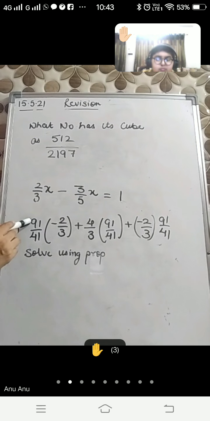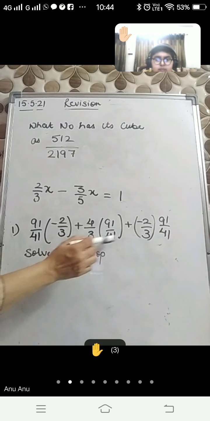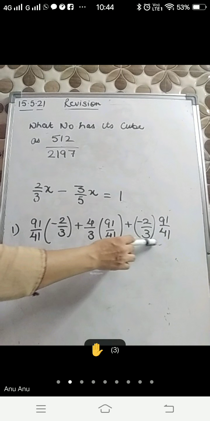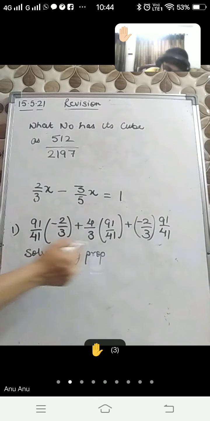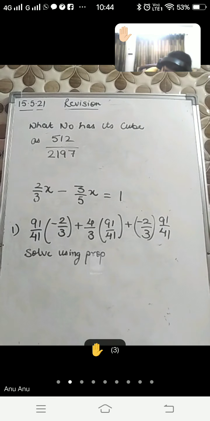In this, you will take 91 by 41 common from all these numbers, and after taking common, whichever numbers are left in the bracket, you will solve by taking LCM. The property used is distributive property. Hurry up, do this.